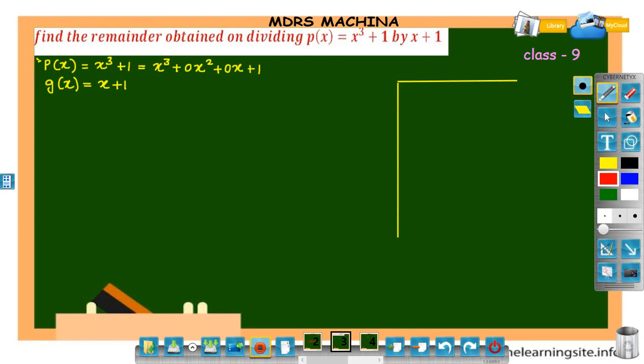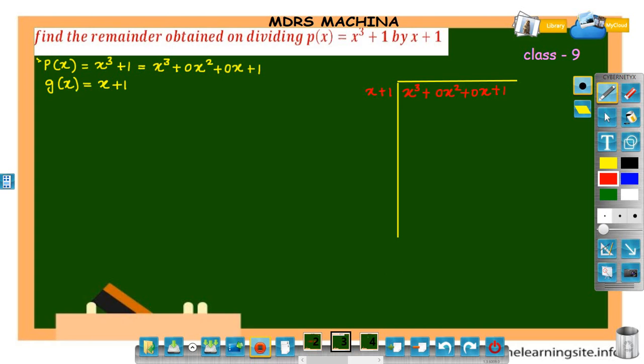Now let us apply long division method to find the remainder. Here dividend is x cube plus 0x square plus 0x plus 1. Divisor is x plus 1.